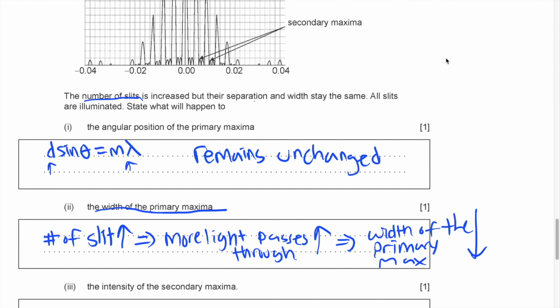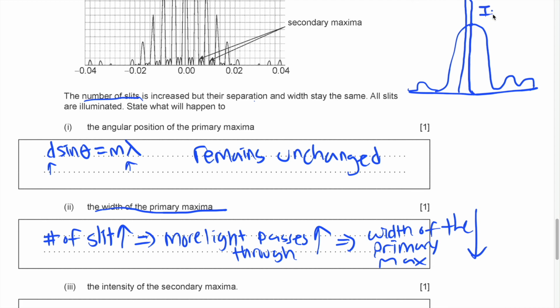So when intensity increases, the maxima, let's say initially something like this, right? The maximum here will be sharper, will be something like this as the intensity increases.